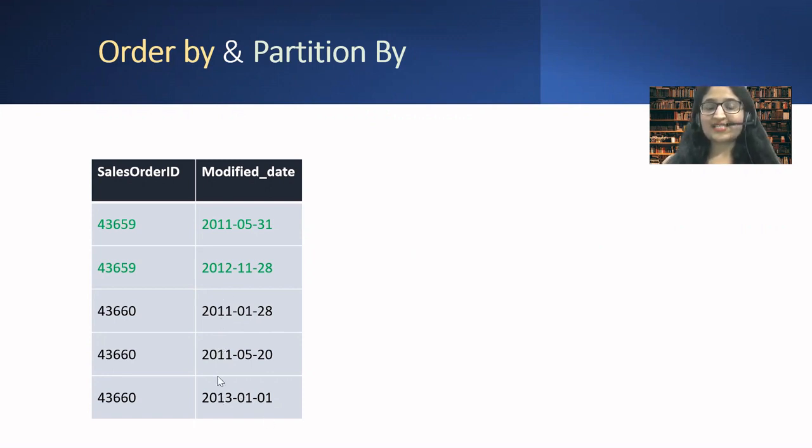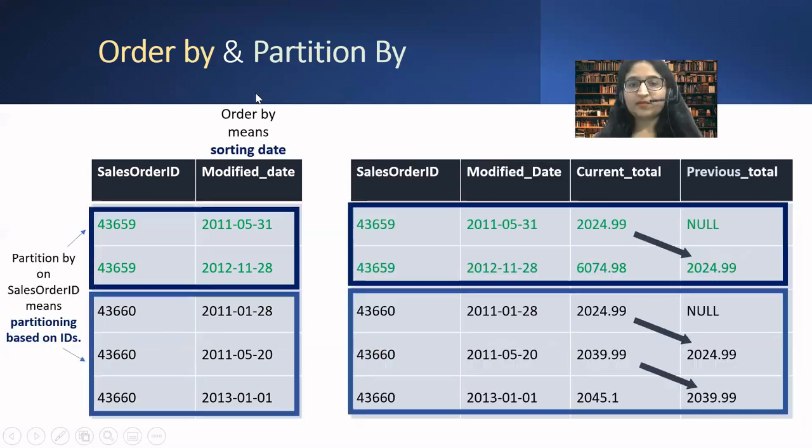So all these dates are ordered in ascending order within a particular ID. Partition by is creating these two partitions. The first partition belongs to this particular sales order ID, and the next partition belongs to the second sales order ID. The second table is simply showing the lag function after partition by and order by. In a similar way we can get the next total using the lead function, with order by and partition by in place.